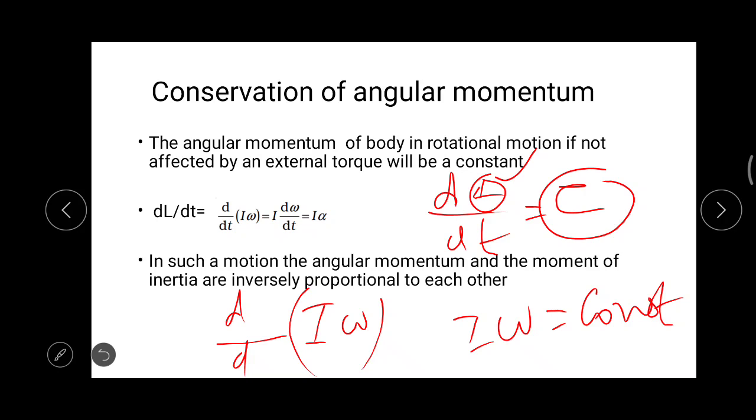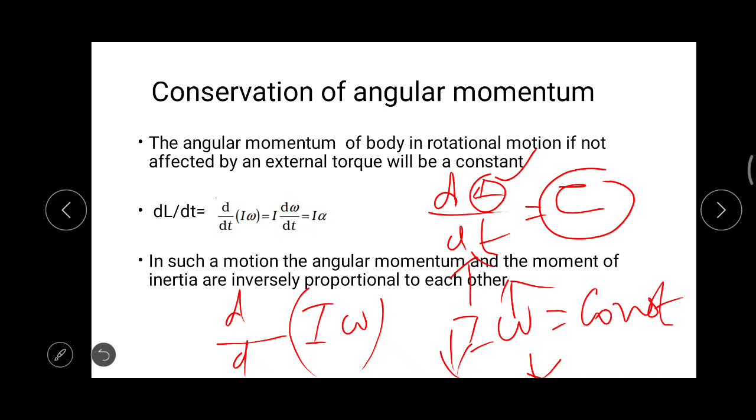That means if the inertia increases, to keep the product of I and omega constant, omega will decrease. If the inertia decreases, to keep it constant, omega increases. This is explained in your textbook with the example of a girl on a chair. Whenever the girl is rotating on the chair and stretches her hands, the moment of inertia increases, and as a result the omega value decreases.